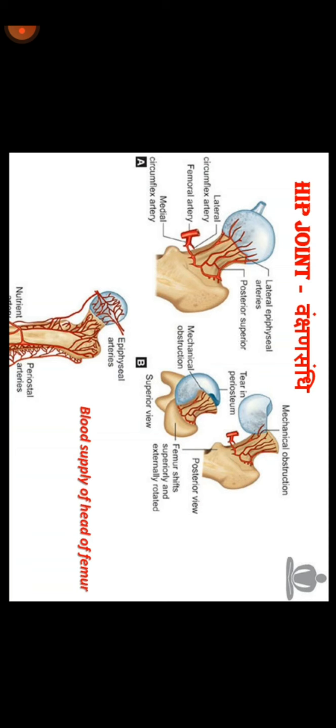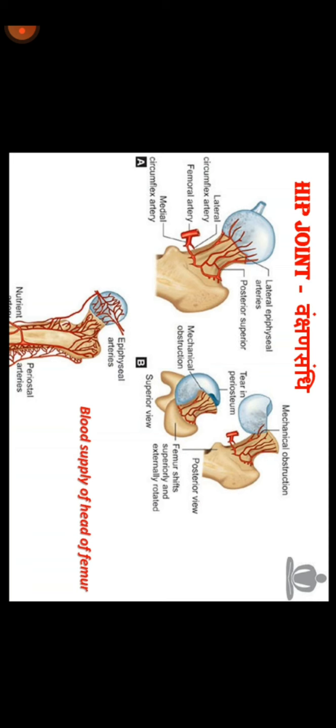Remember, my dear friends, the main three sources of blood are medullary vessels from the neck, retinacular vessels entering from the lateral side of the head, and foveal vessels from ligamentum teres.